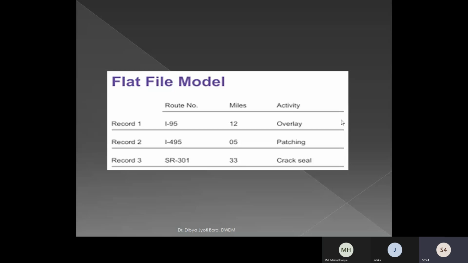What are the differences between the flat file model and a relational database? Sir, in RDBMS, the data is stored in the form of rows and columns organized in a tabular format. And for every record, for every file, there would be a database created.